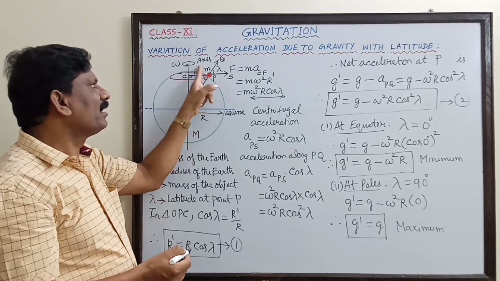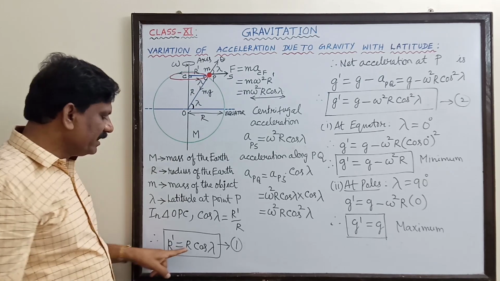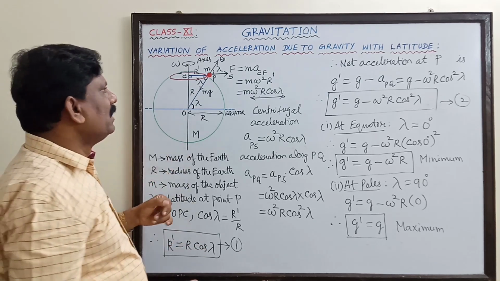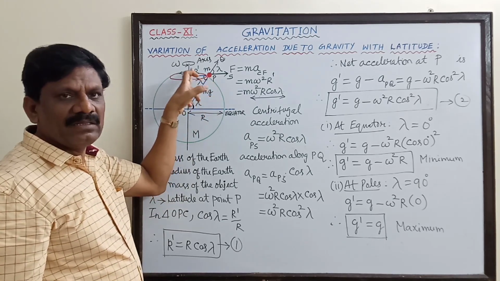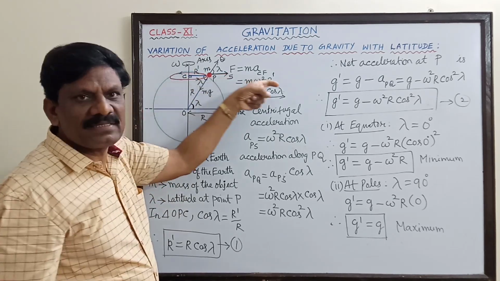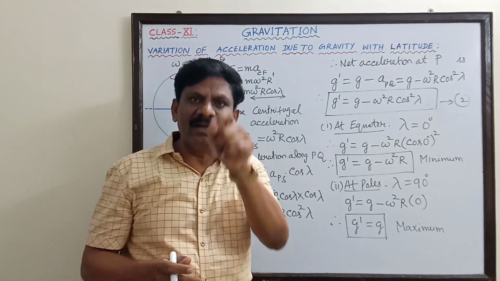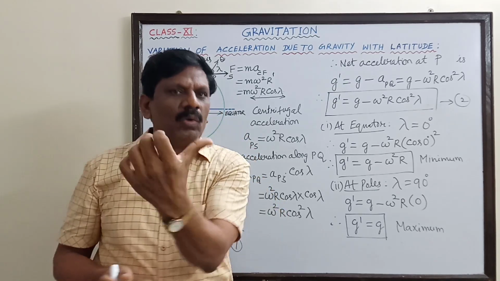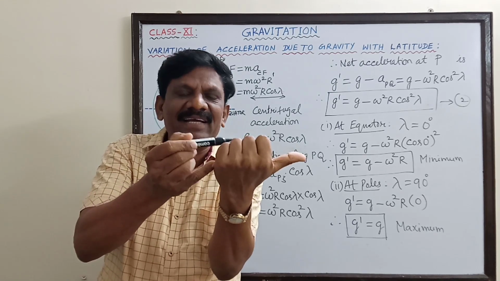I am expressing r dash in terms of r: r dash is equal to r cos alpha. Then I find that there is a centrifugal force acting on this mass along PS, because centrifugal force is actually a force acting on the body of mass M outwards, away from the center, along the radius r dash.